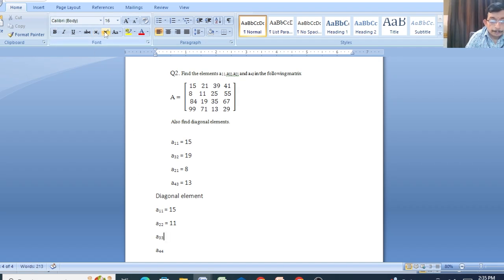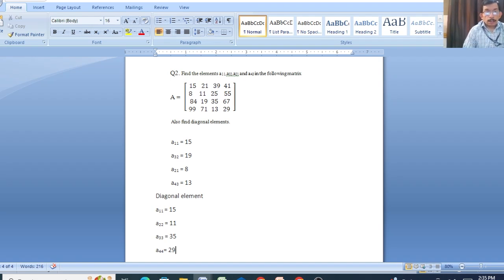A33, third row, third column, is 35. A44, fourth row, fourth column, is 29. These are the diagonal elements in matrix A.